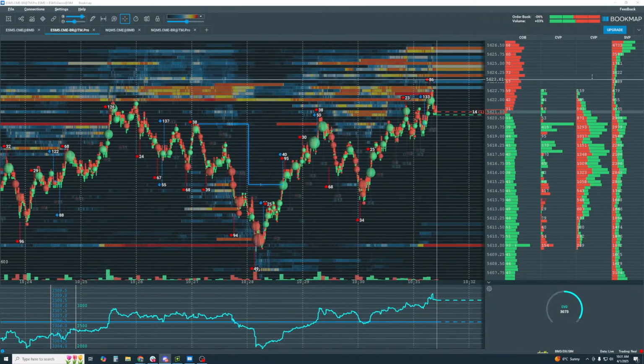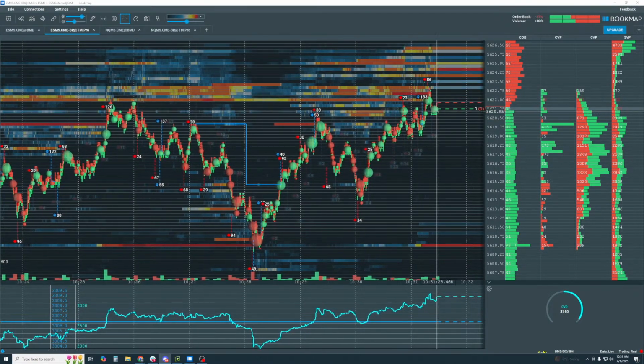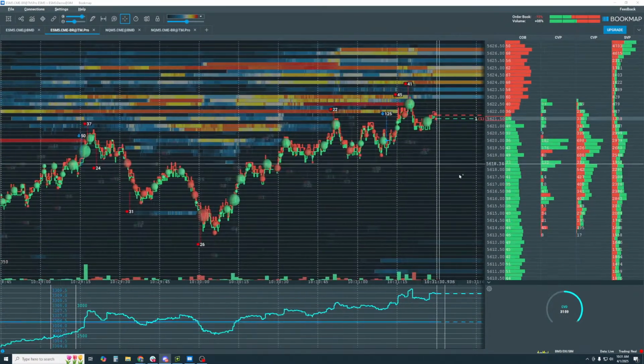Okay, trading right back into that area again, hitting that liquidity this time. Still finding some buyers though.